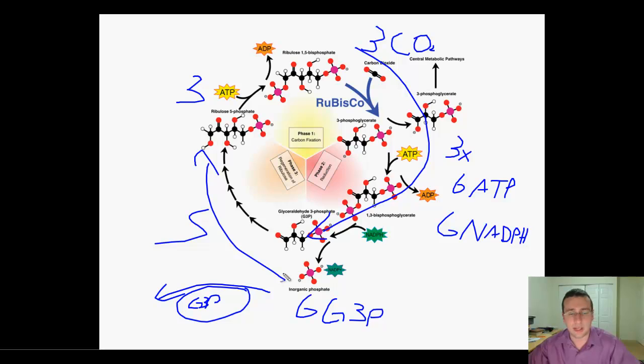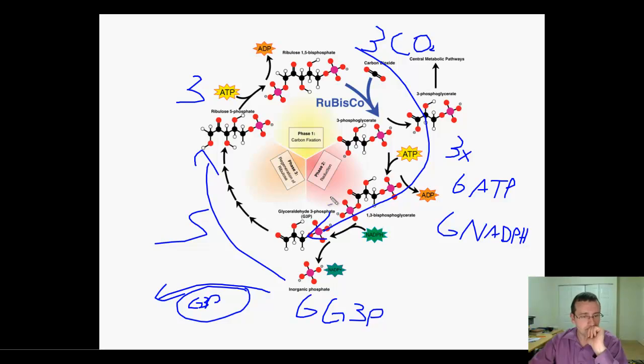And then I will get my 6 G3Ps, 5 will go one way, 1 will go another, and 3 more ATPs will be consumed, which means a total of 9 ATPs will be consumed to make 1 of these G3P molecules. So, are you following?